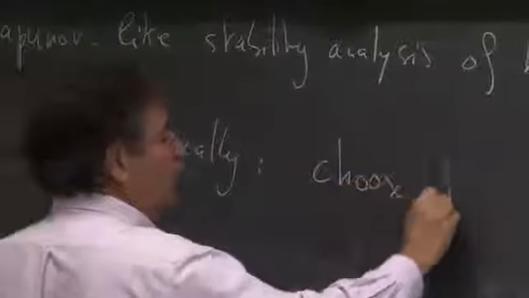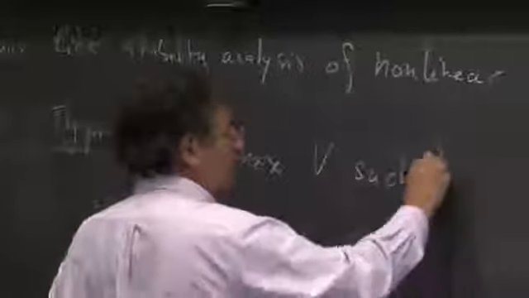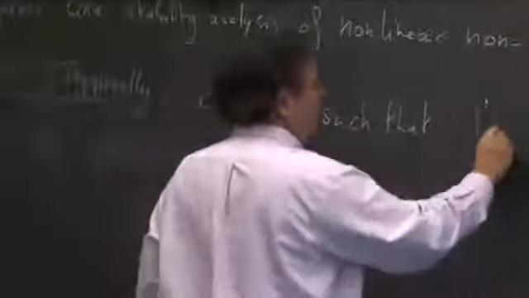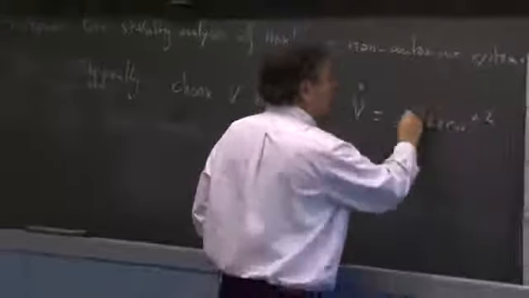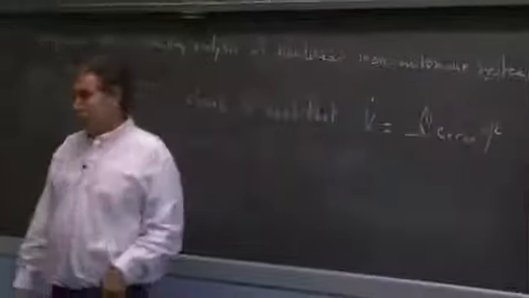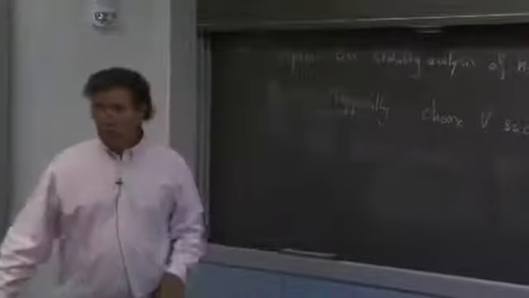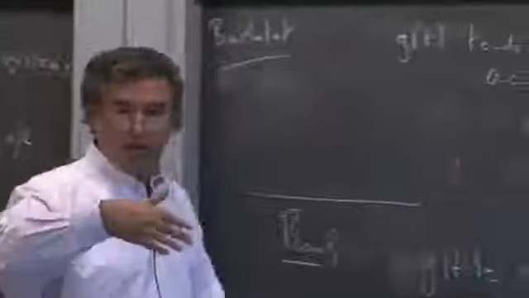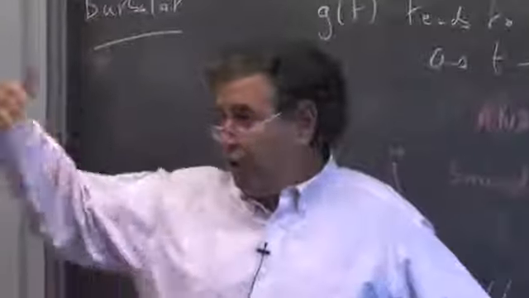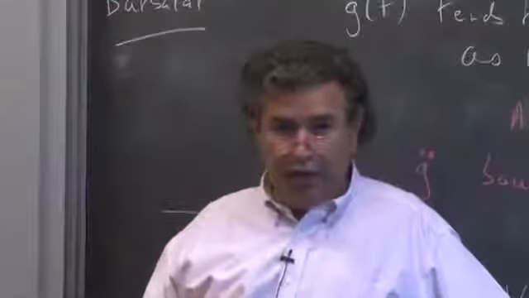You're going to choose v such that v dot is something like minus the error square. Okay, perhaps the trajectory tracking error or the error in the estimate, the estimation error in the nonlinear observer or something like that, right?